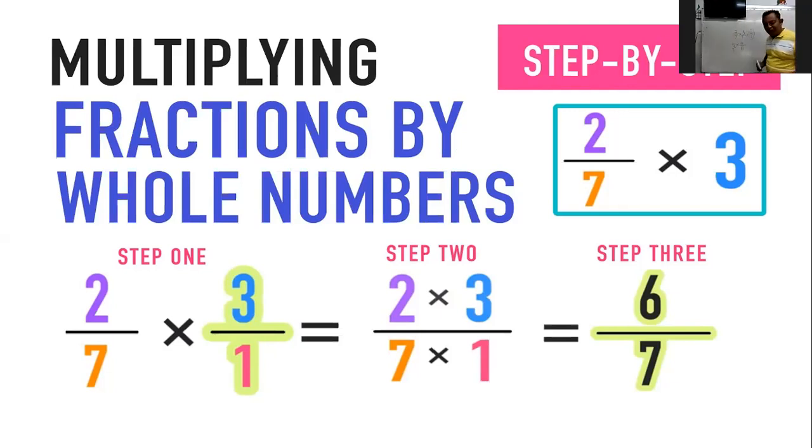Now you have a fraction already. So the fraction is 5 times 9 equals 45, and 1 times 10 equals 10. So that's our answer. We call this one improper fraction because the numerator is bigger than the denominator, and we call this one proper fraction because the numerator is smaller than the denominator.